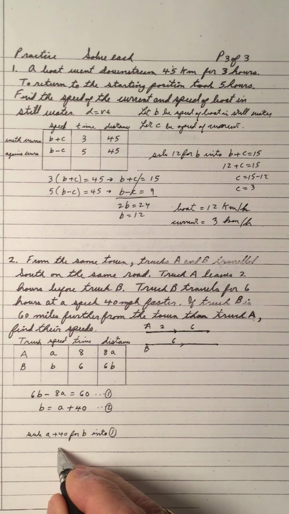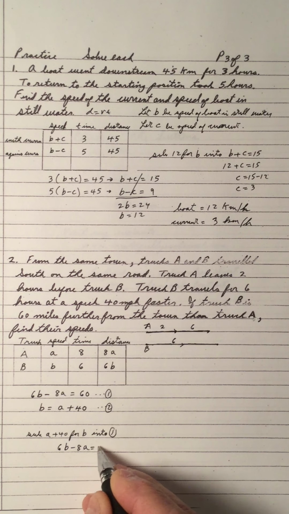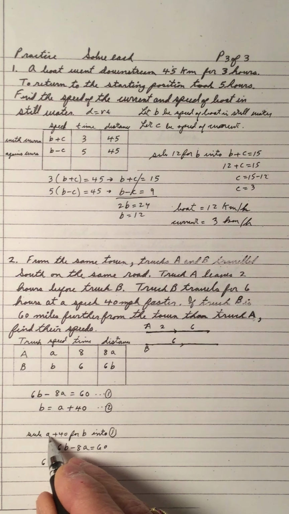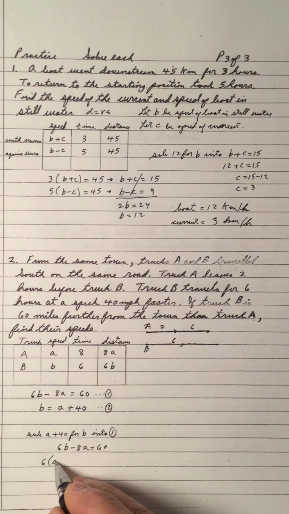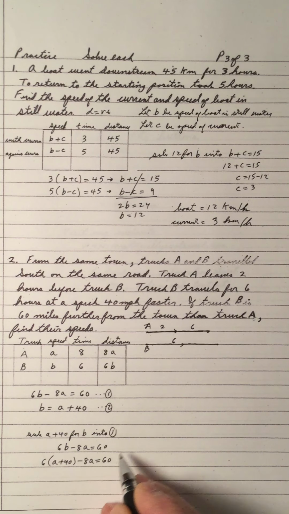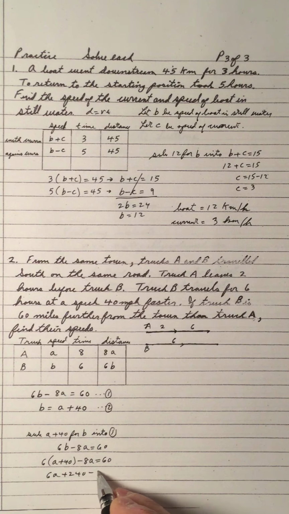So let's write down number 1. I'm going to sub in A plus 40 for B. Multiply, and I get 6A plus 240 minus 8A is 60.